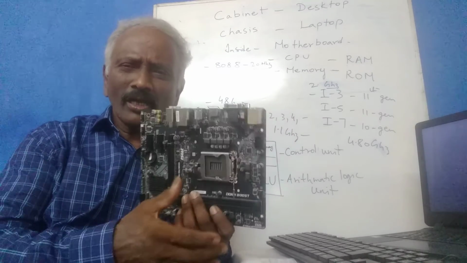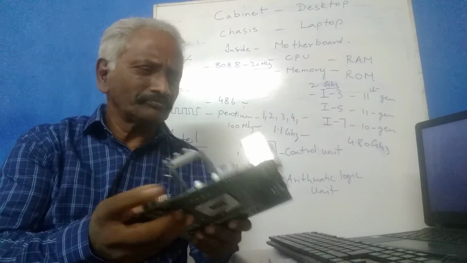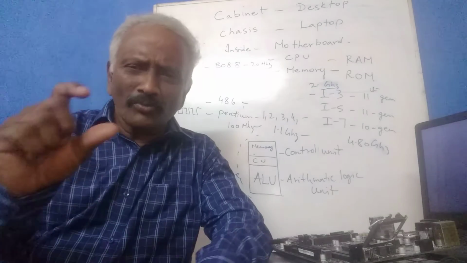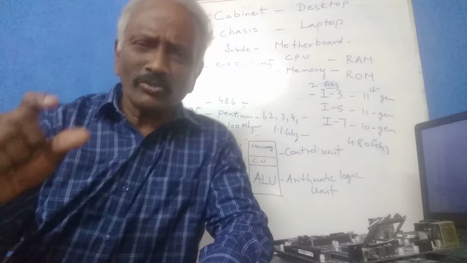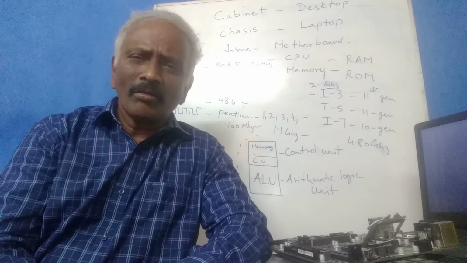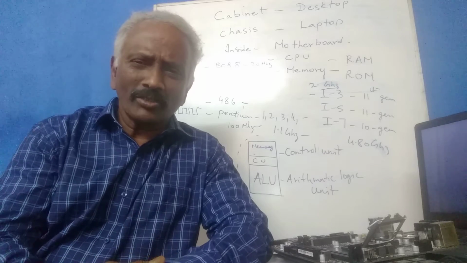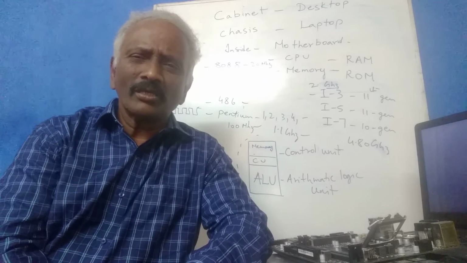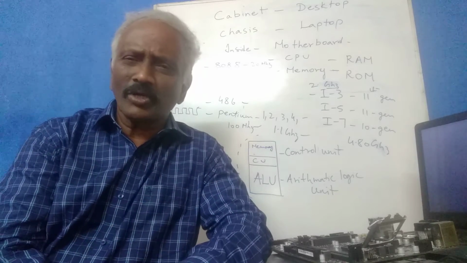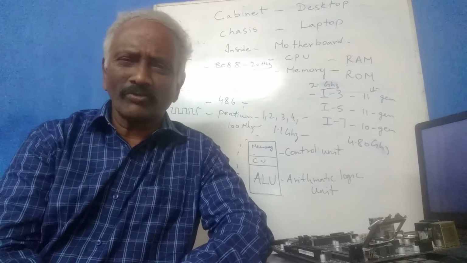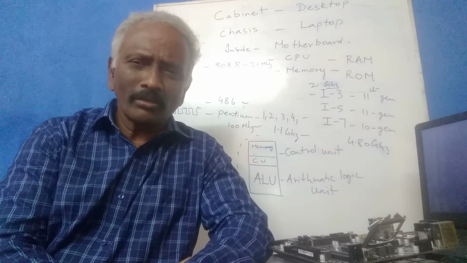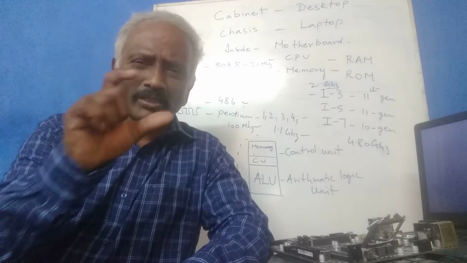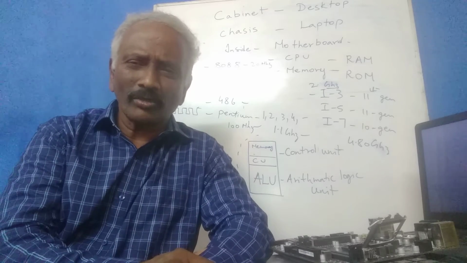Regarding this processor, what I'm going to tell you is, you have an option. Whether you have purchased a motherboard and processor, or renewed it, or you bought a new computer which they say is having an i3 processor or i5 processor or i7, how do I look into it? How can I view which processor is installed in my computer?